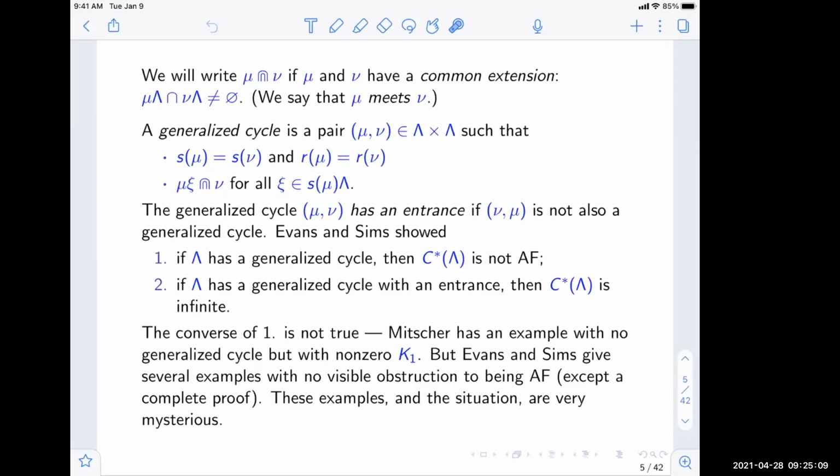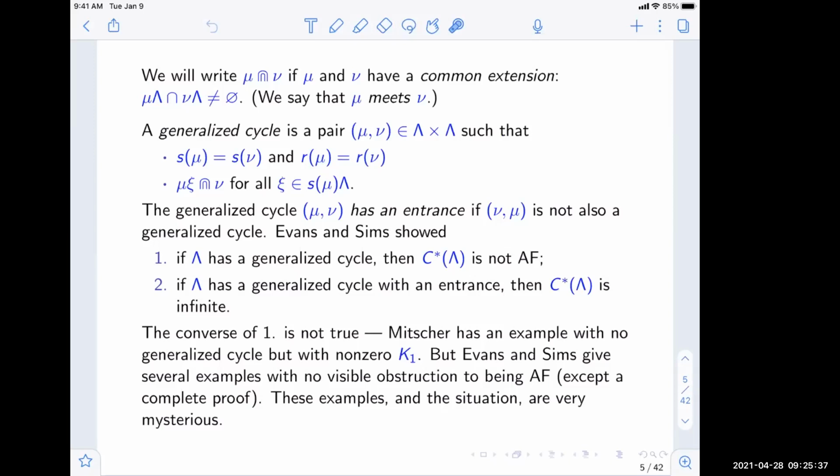Now, of course, this is an asymmetric relation. If it's true the other way around, that's okay. But if it's not true in the other order, then we call it a generalized cycle with an entrance. And Evans and Sims showed these two facts: the presence of any generalized cycle means you don't have an AF algebra, and if you have a generalized cycle with an entrance, then the C-star algebra is infinite.